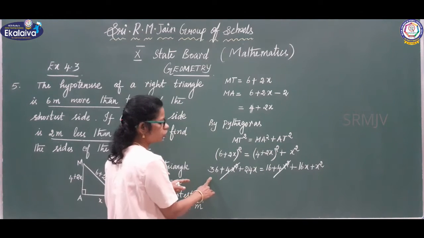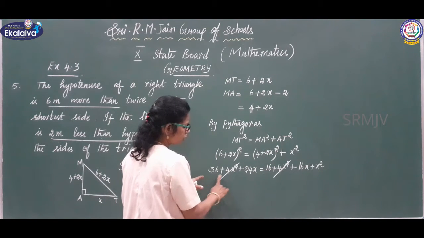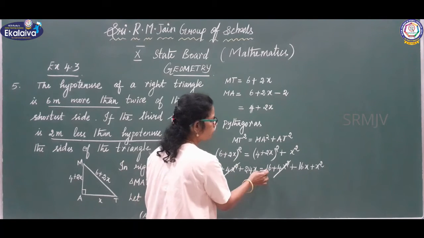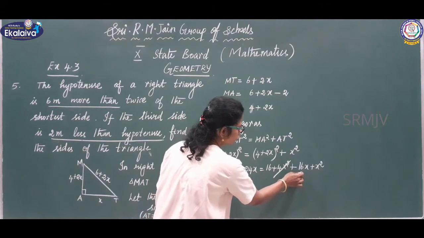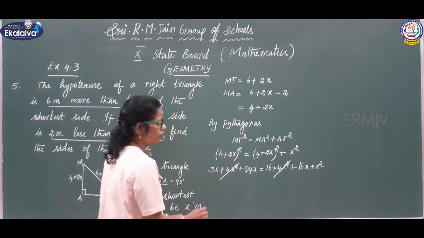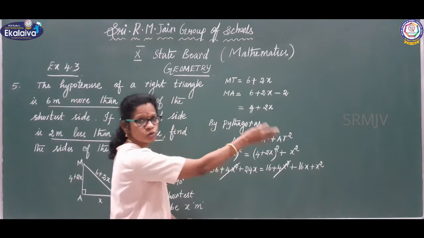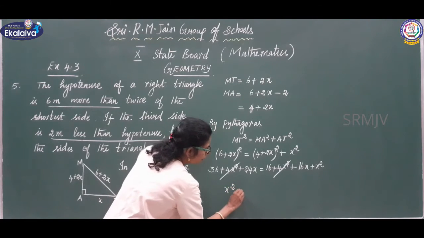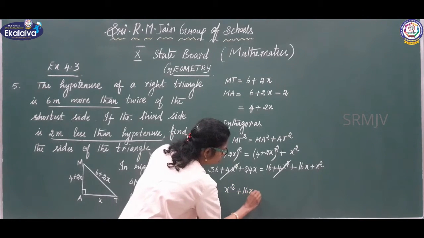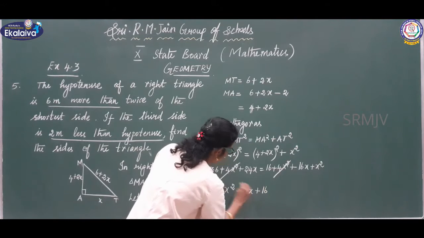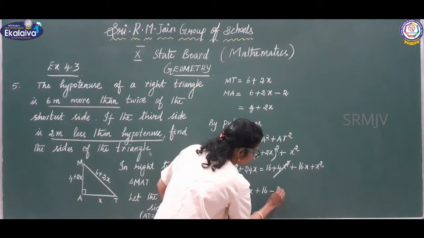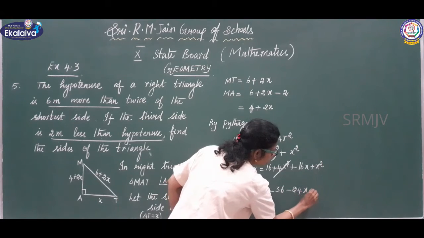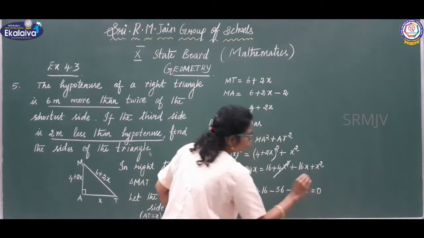Now what are the things are rest? 36 plus 24x is there in the left side, in the right side 16 plus 16x plus x square is there, right. Everything you shift to that side, then how it becomes? X square plus 16x plus 16 minus 36 minus 24x equal to 0.